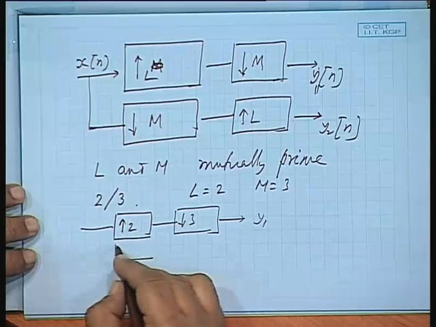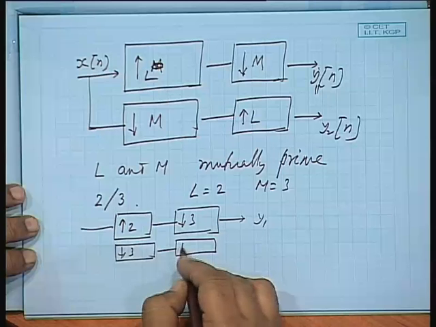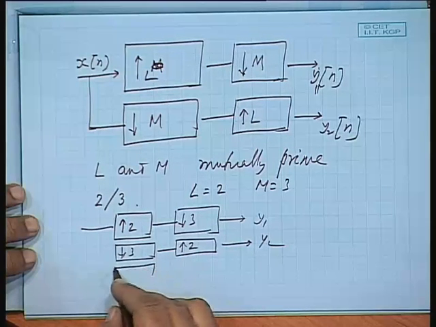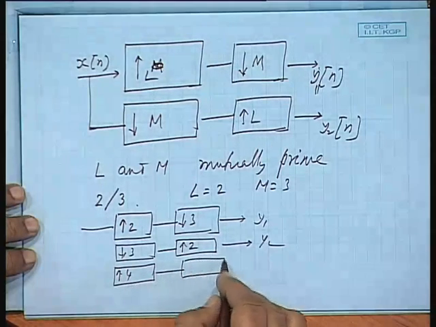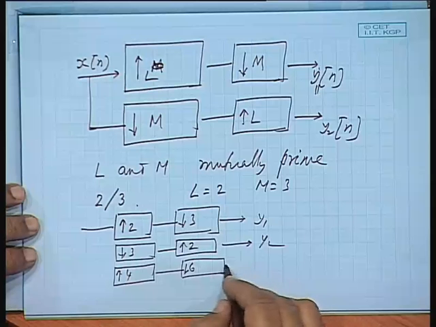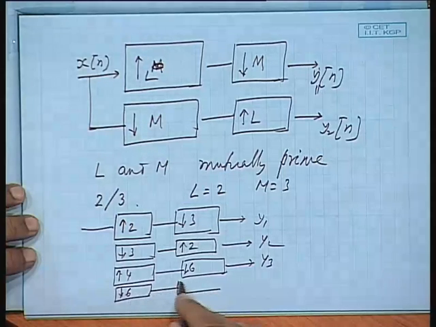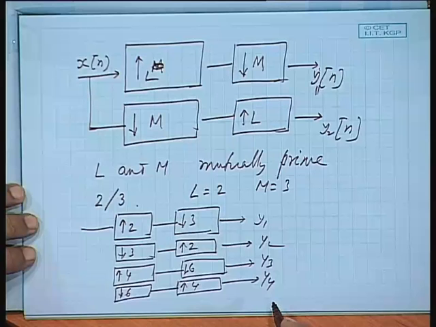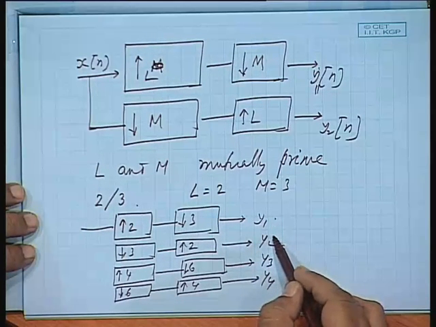Then you downsample by 3, upsample by 2, observe y2. Upsample by 4, downsample by 6, observe y3. Downsample by 6 and upsample by 4, observe y4, and then see if y1 is equal to y2.